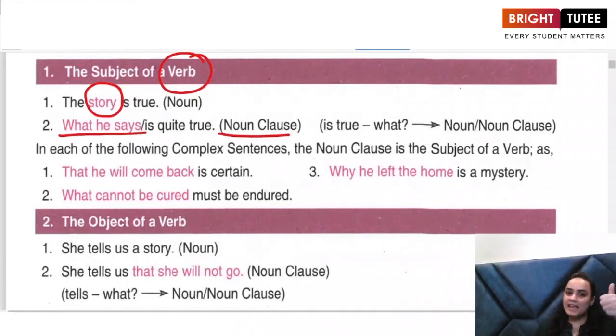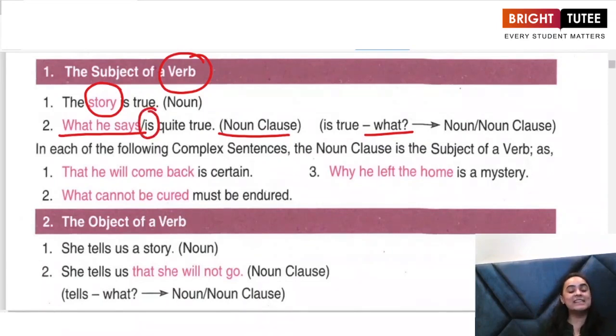Why? Because A, it is a clause, and B, it is serving the purpose of a noun in a sentence. Therefore, it is a noun clause. It answers the question, what is true? The story is true. Or, what he says is true. So, the subject of a verb means when the clause is before my verb.